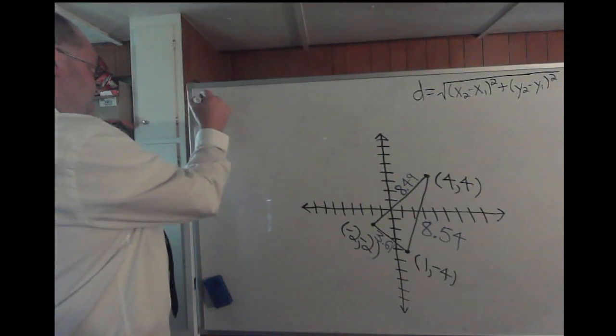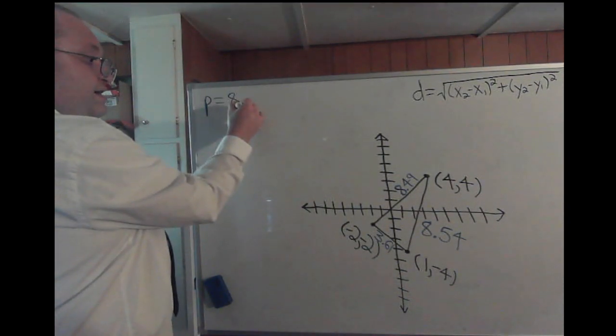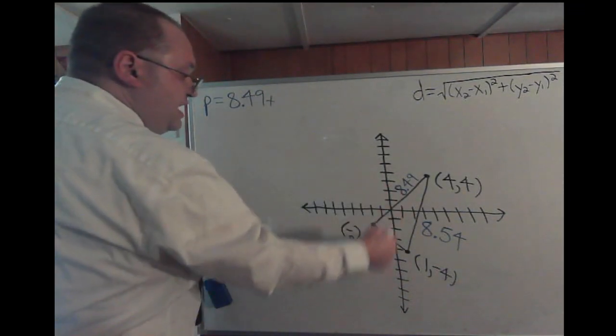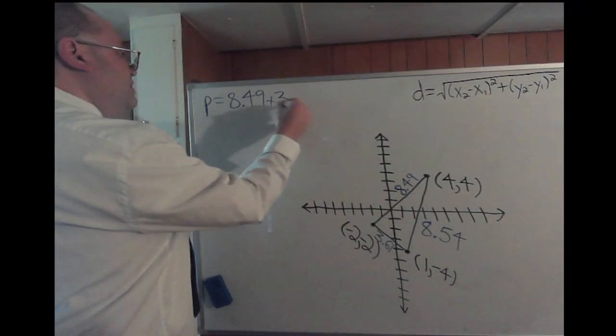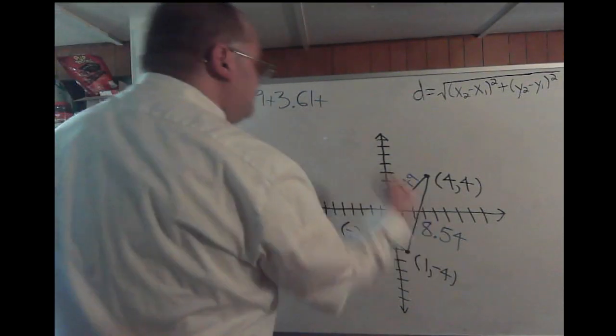So the perimeter is going to equal that 8.49. Okay, so 8.49 plus 3.61 plus the 8.54.